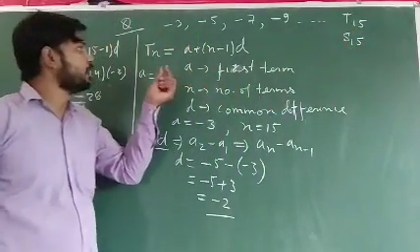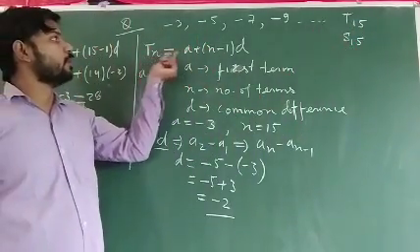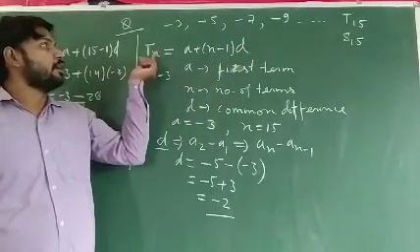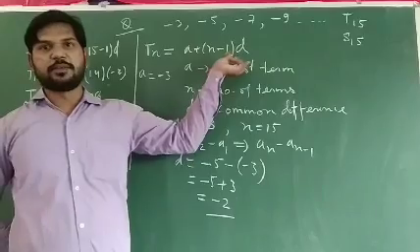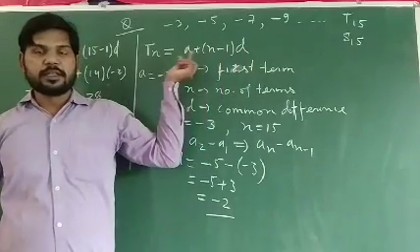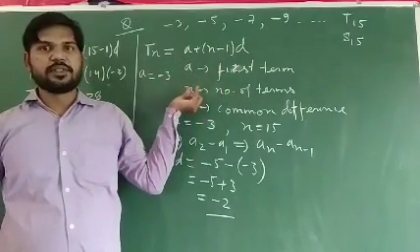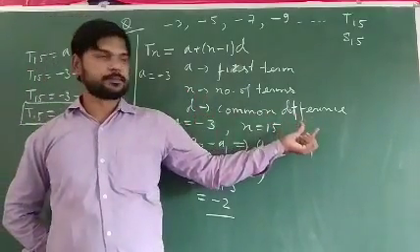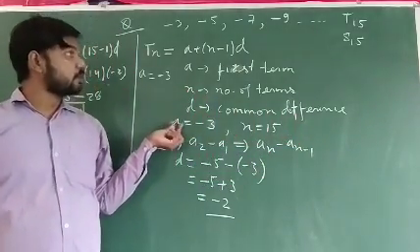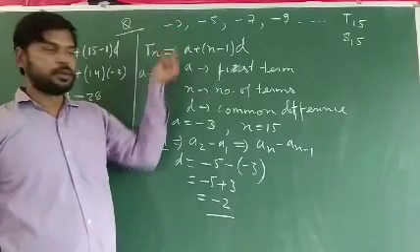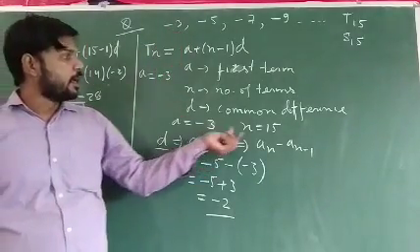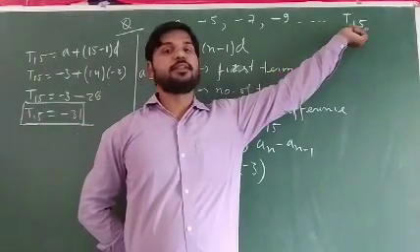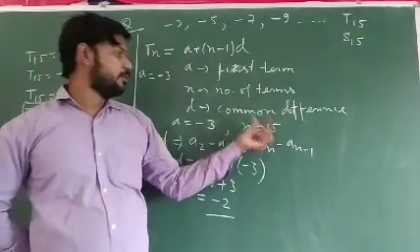So for T15 we need Tn equals a plus n minus 1 into d, where a stands for first term, n stands for number of terms, d stands for common difference. A equals -3, this is the first term, and n equals 15 because it is asked to find the 15th term.